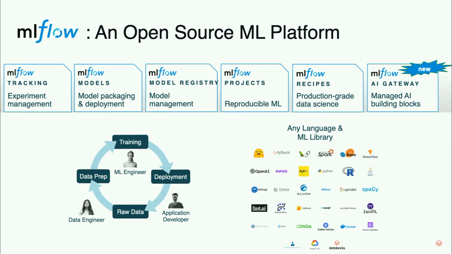It standardizes raw data collection all the way through deployments with a variety of helpful components, most prominently MLflow tracking for experiment management, MLflow models for model packaging and deployment, the model registry for collaborative model management, MLflow projects, which delivers reproducible ML execution across environments, MLflow recipes, which provides production-grade templates for data science, and last, but certainly not least, our brand new MLflow AI Gateway, which Ben will be talking about in detail, that delivers managed AI building blocks.